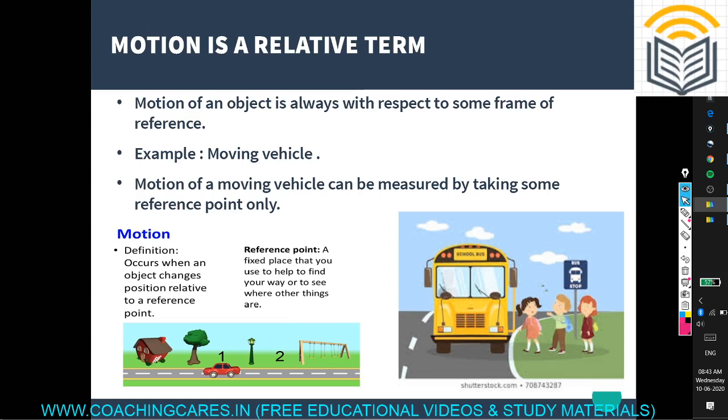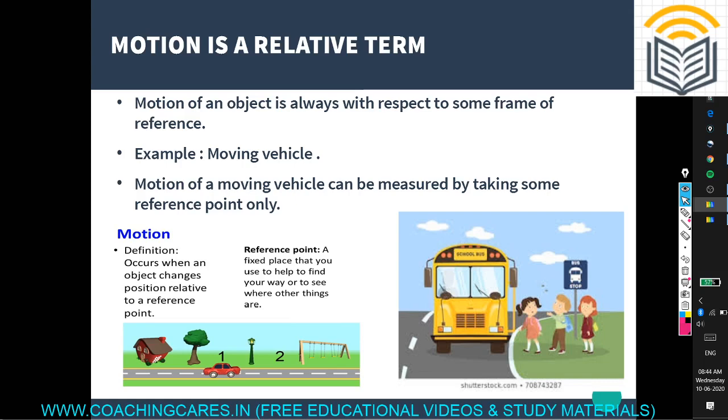Frame of reference is nothing but the observer. Observer is the reference point by which, or by considering that point, we can define the motion of an object in that particular direction. The motion of that object will be defined by reference point.